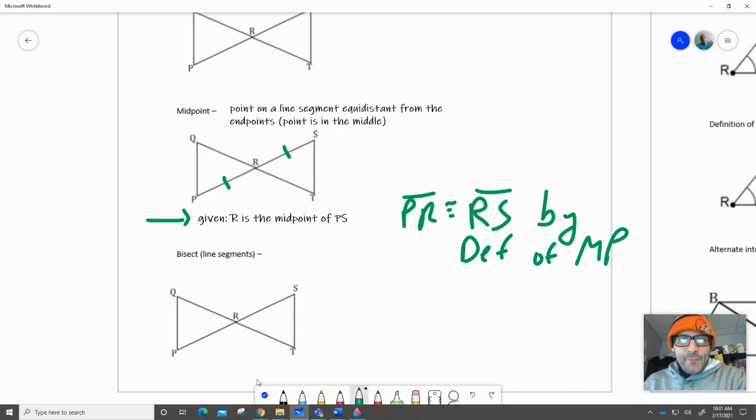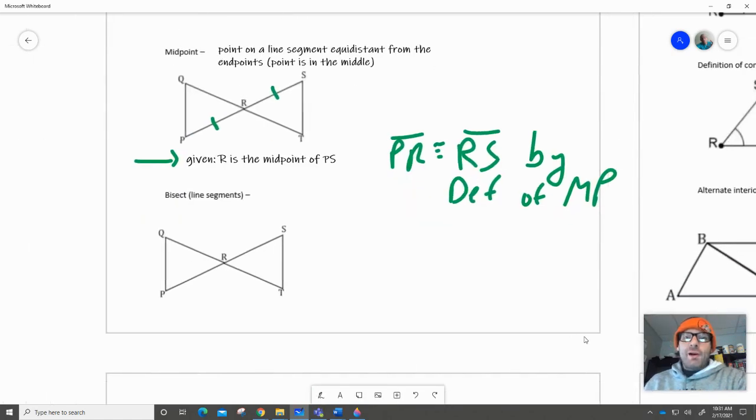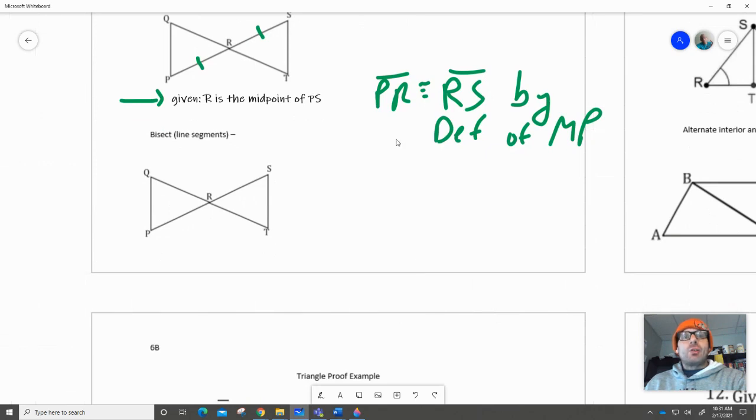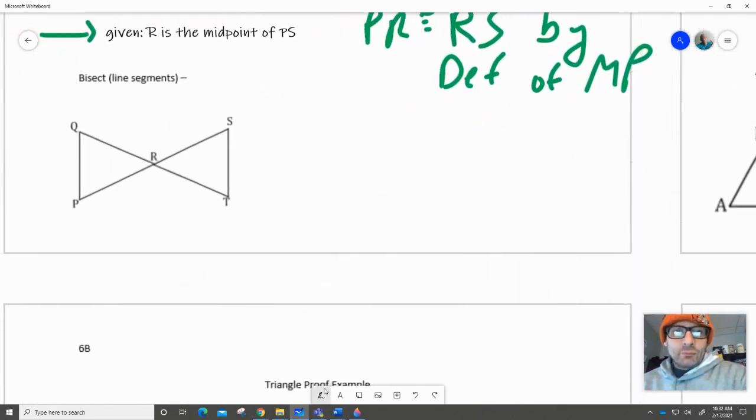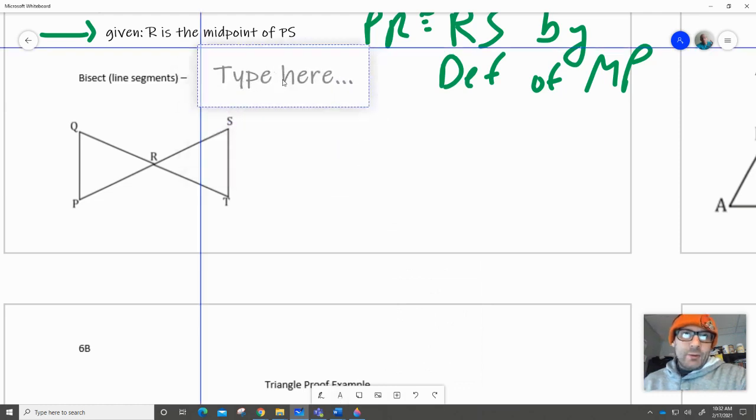Moving on. Bisect, in line segments. Very similar to midpoint here. All right, so we all know what bisect means.